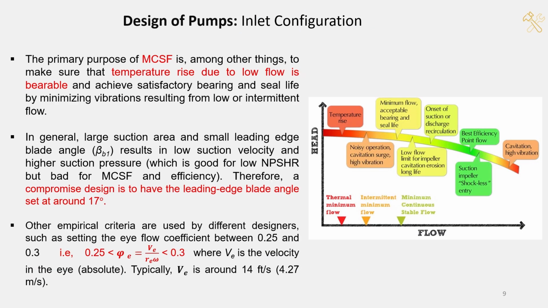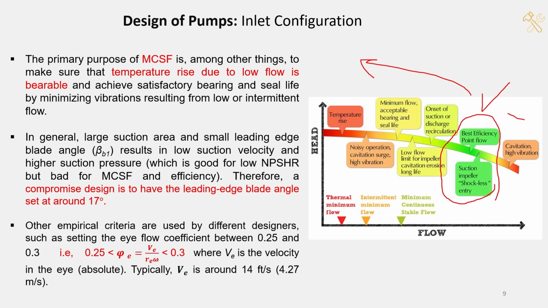So this chart gives you the typical operation of a radial flow pump, I believe. I just want to tell you that if you are in the green region here, that means your pump is in good condition. But as you go toward this area, you have bigger problems of temperature rise, minimum flow acceptable, and noisy operation.